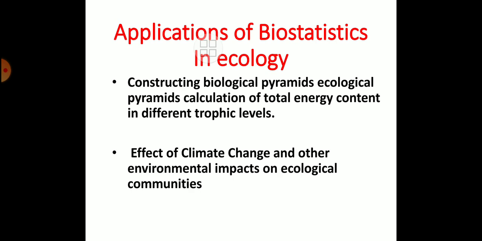Now second, that is the effect of climate change and other environmental impacts on ecological communities. We know that many such things have been happening in the world, in the history of the world. Right now the dinosaur species is gone.